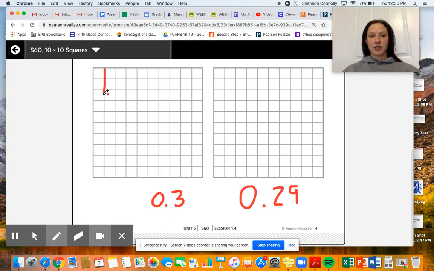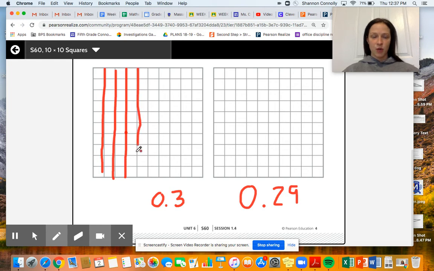In this hundredths grid, in order to see tenths, I need to make 10 equal parts. I covered this in the previous video called Equivalencies, Tenths, Hundredths, and Thousandths, where we talk about how many tenths are in each hundredth, how many hundredths are in each tenth, how many thousandths are in each hundredth, how many thousandths are in each tenth, and the relationship between all of them. So watch that one first. If you need to pause me and come back, that is fine.